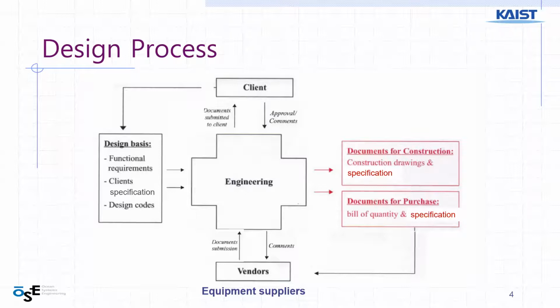So document is something like a drawing or CAD model submitted to the client, so that client is comparing the design basis and requirement with the document prepared by engineering, and then they can approve to go ahead, or they may comment to modify, improve some of the document.